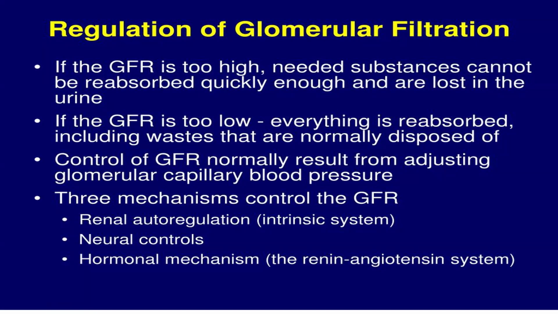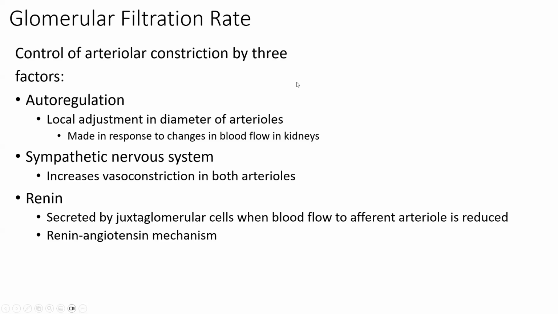Control of the GFR can come from adjusting the glomerular capillary blood pressure. There's 3 mechanisms that control that. Renal autoregulation from your body, neural controls, and hormones, which are those renin angiotensin system. So all those things are regulating that filtration process that's going on in those kidneys. They control the glomerular filtration rate, okay?